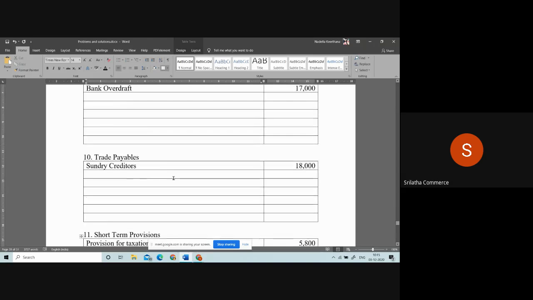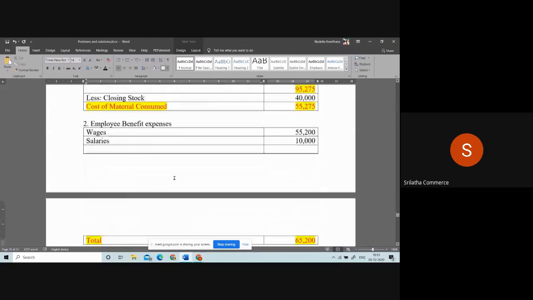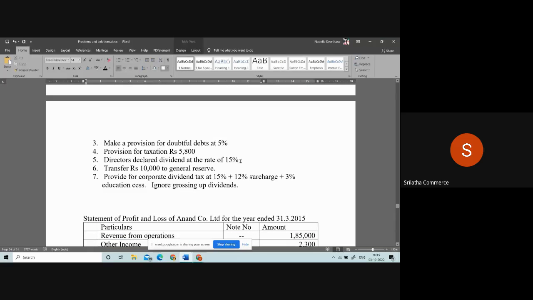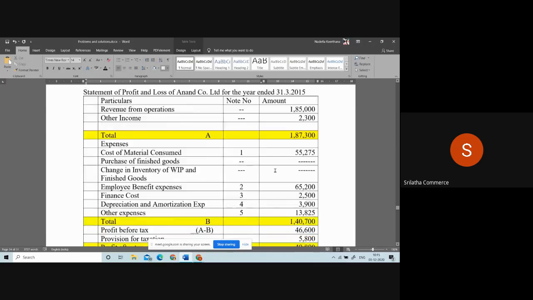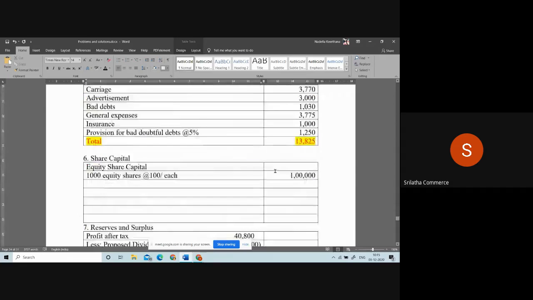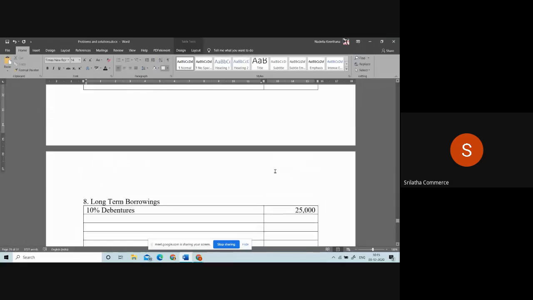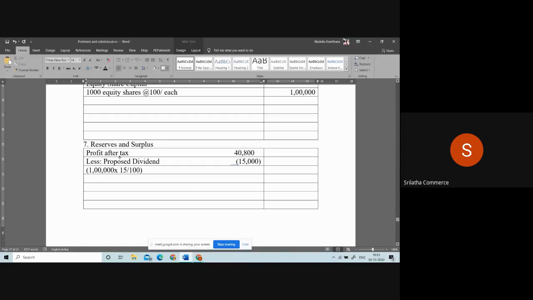Any doubt you have in this? I think it's clear for you all. Dividends given in the adjustments, proposed dividends, are to be calculated on the paid up capital at the rate of 15%. The adjustment is deducted from profit after tax. After preparing the statement of profit, whatever profit after tax is there is transferred to reserves and surplus.